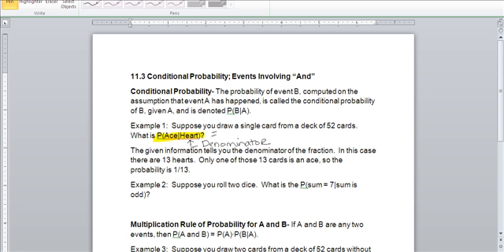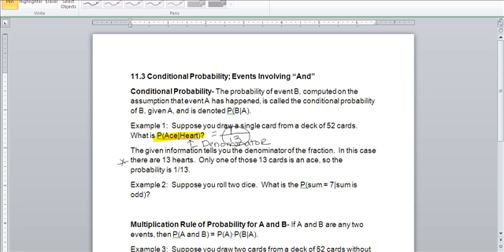So what we want to think about, how many hearts do we have? We have 13. Now we think about the 13 hearts. How many of the 13 hearts are aces? And we only have one. So 1/13 is our answer. Okay, and that's what I explain in this next paragraph here.